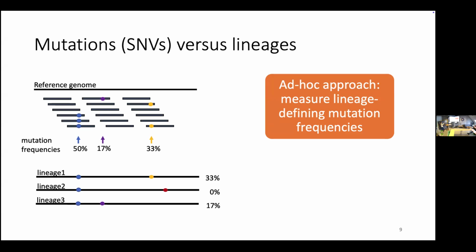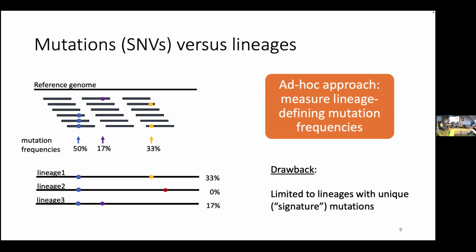For example, only lineage 3 has this purple one, the one in the middle, which appears at 70%. So then this lineage must make up 17% of our sample. So this is very ad hoc, but there's also a clear downside, because you are limited to looking at lineages with these unique signature mutations. So for example, the purple one, which is clearly only for this lineage, or the yellow one only for lineage 1, etc.